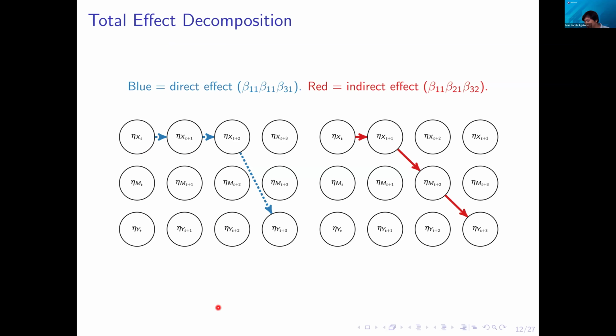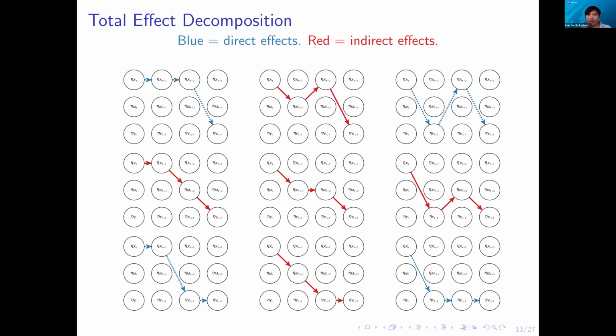So in this particular discrete time example, these are all the possible paths from X to Y that I've traced. All the red paths cross the mediator variable of interest, which is coping. So we call those red paths indirect effects. And all the blue paths did not cross the mediator variable of interest, and these are direct effects.